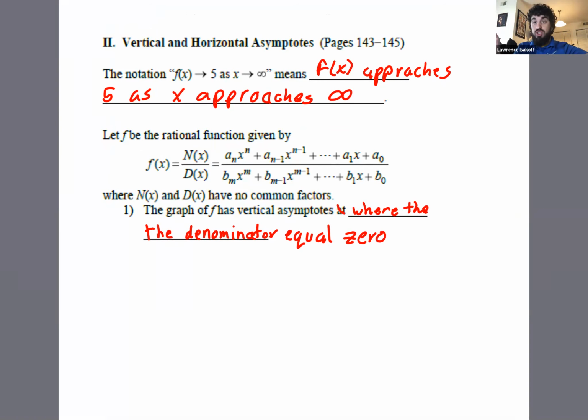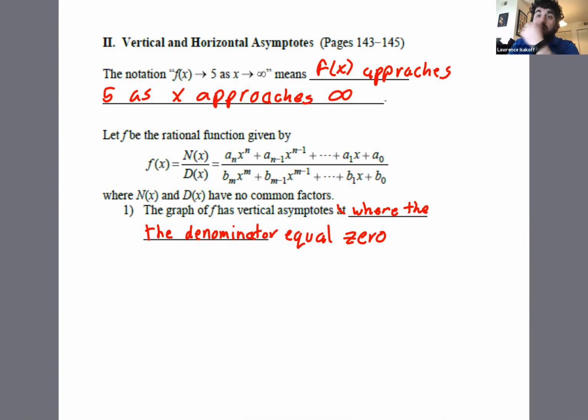So x approaches infinity, f of x approaches 5. You are going to see that notation a lot more when you get into calculus, but we're starting to bring up that notation now. If that notation's a little confusing now, don't stress it too much. We're not stressing it greatly in this class. We're just exposing you to it.